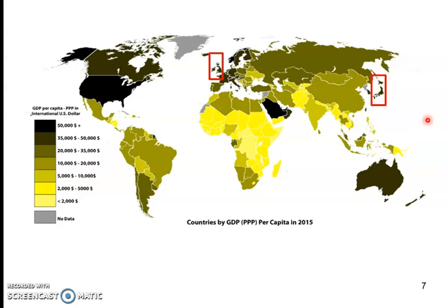Oftentimes people would say that these rich countries are heavily involved in global trade because they are pretty efficient or productive, so they produce a lot, they want the global market, they tend to export more, right?